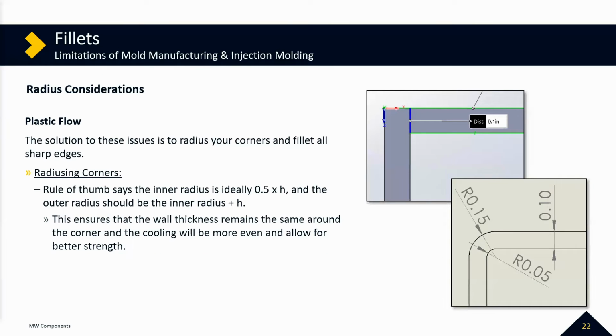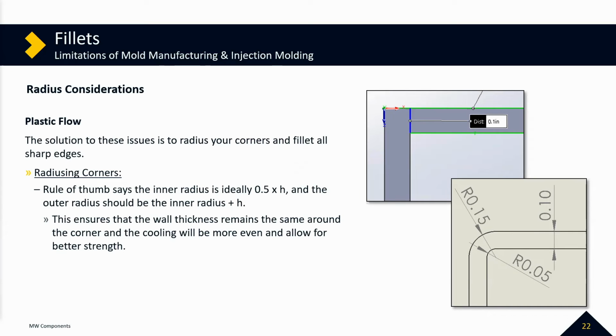Also, in terms of fillets, or at least rounding of corners, one of the things you want to look at is radiusing all the corners on your walls. If you're making some kind of box and you have 90-degree corners, you want to be thinking about radiusing them and maintaining uniform wall thickness throughout your entire part.